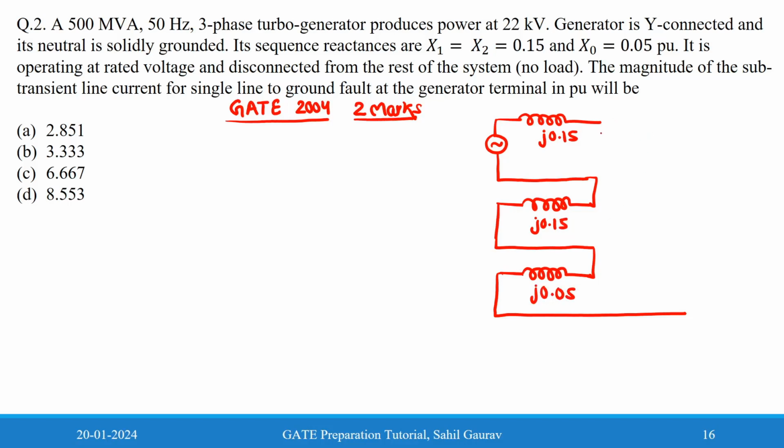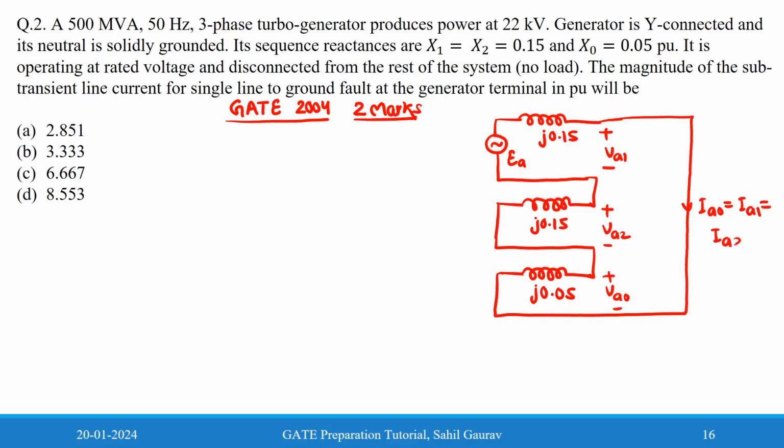So this is VA1, this is VA2, and this is VA0, and it is EA. All the symmetrical component currents are equal in the LG fault, the single line to ground fault.